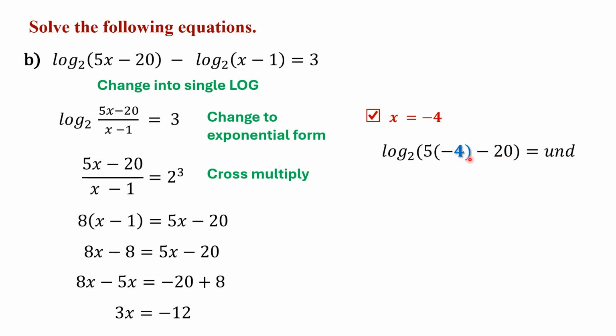So log of a negative number is always undefined. So I will not continue anymore on the second term or the right side. So what I'm going to do here is reject this value because it's undefined. You cannot prove that they are equal. So it means the solution of this equation is empty, or no solution.